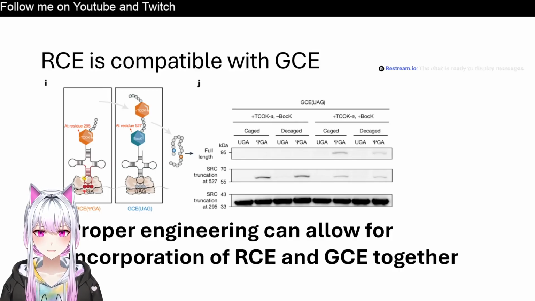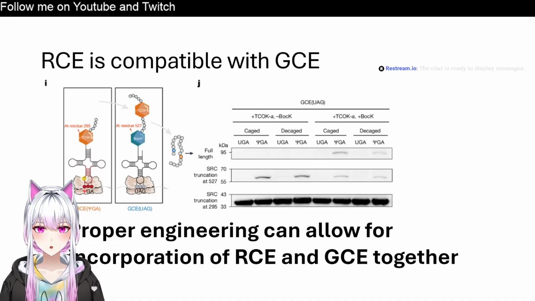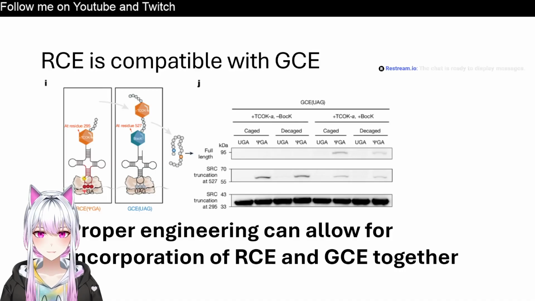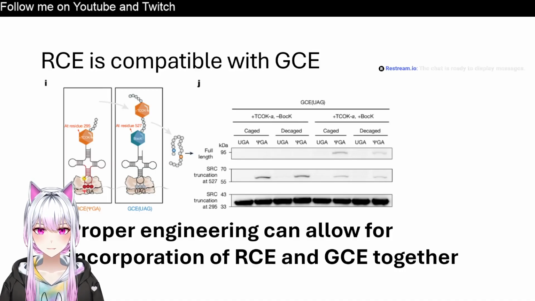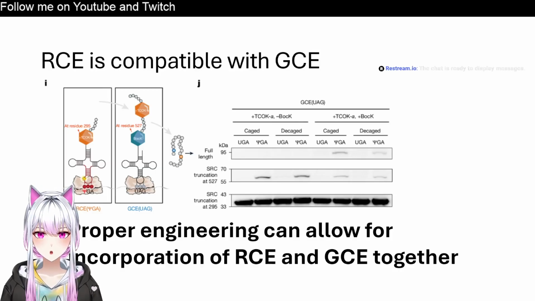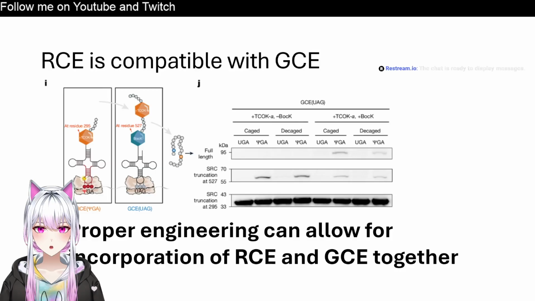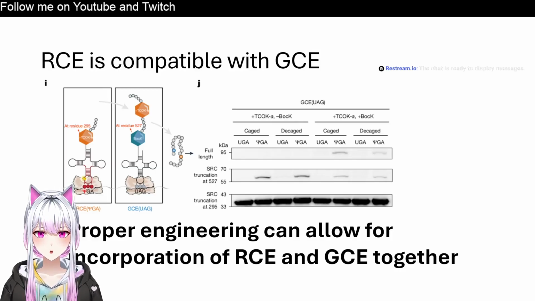So they managed to use one tRNA first to incorporate into the GC system for the BOC, and then for RC, they managed to install TCO inside. They make sure it doesn't affect each other. And this tRNA can still observe strong UGA preference, and doesn't actually affect the normal UGA in the GC, even though it's present. So engineering can still make sure that both systems can work together.